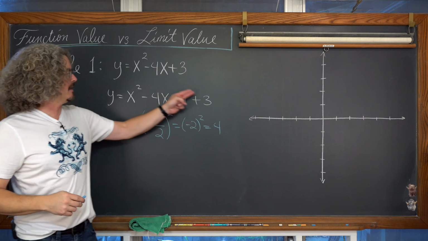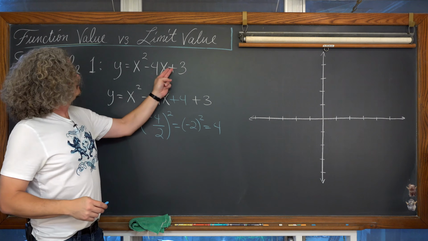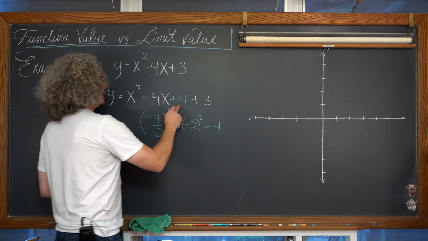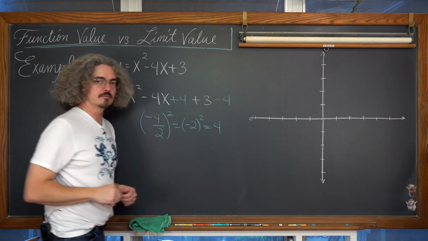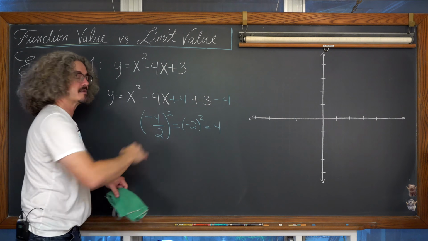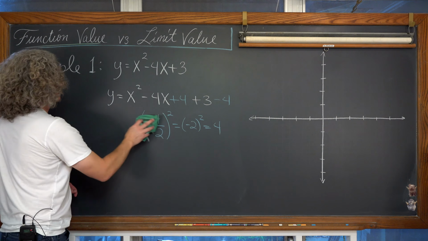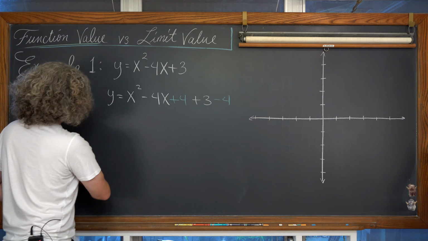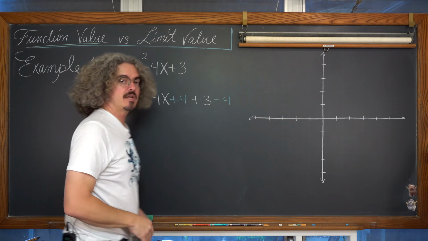I want to make the right-hand side just look different, not actually be different. So for adding 4, we have to subtract 4, and 4 minus 4 is equal to 0. I've effectively added 0 to the right-hand side. 0 is the additive identity, so I just made it look different and didn't change its value.